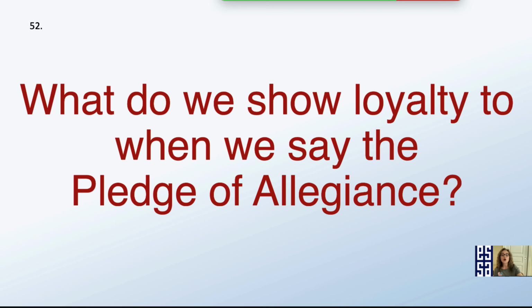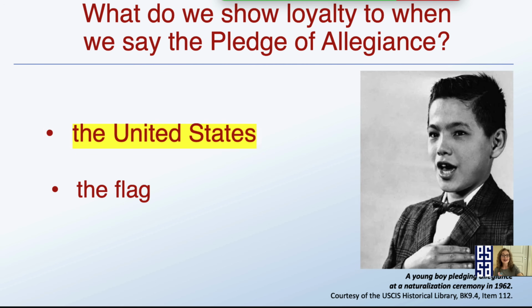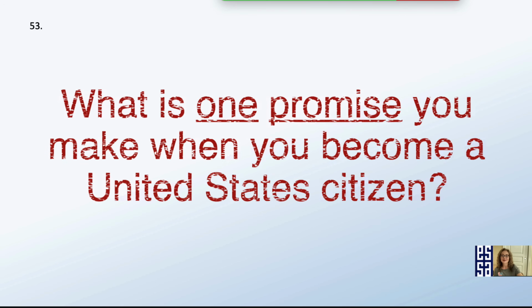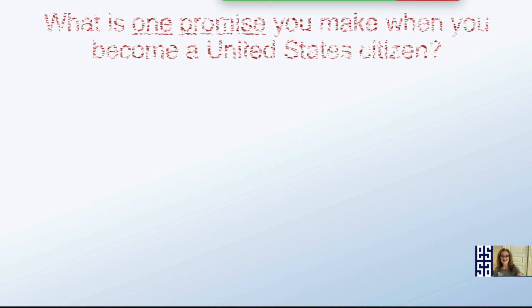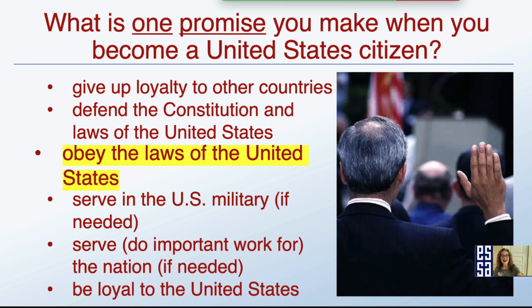What do we show loyalty to when we say the Pledge of Allegiance? To the United States. What is one promise you make when you become a United States citizen? To obey the laws of the United States.